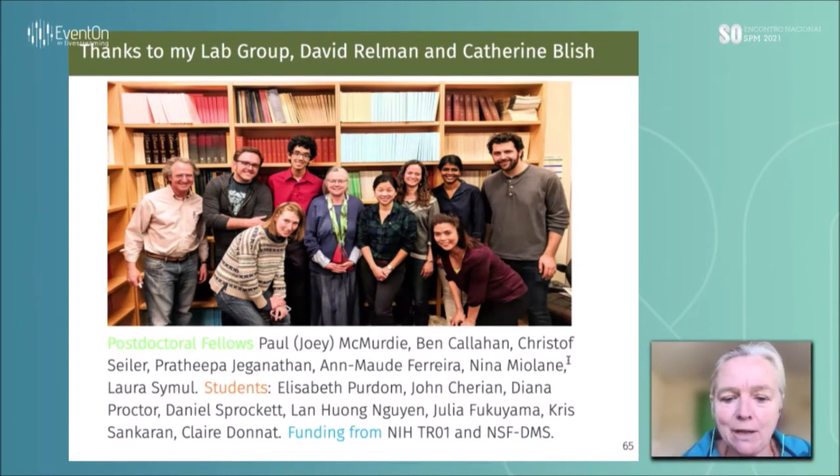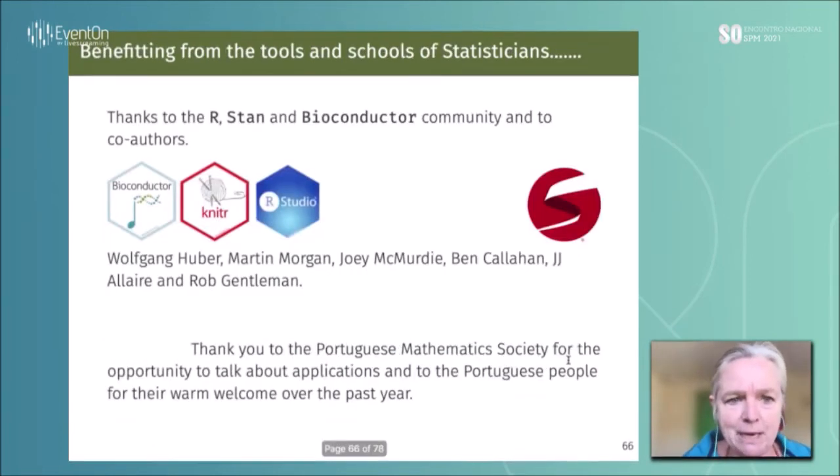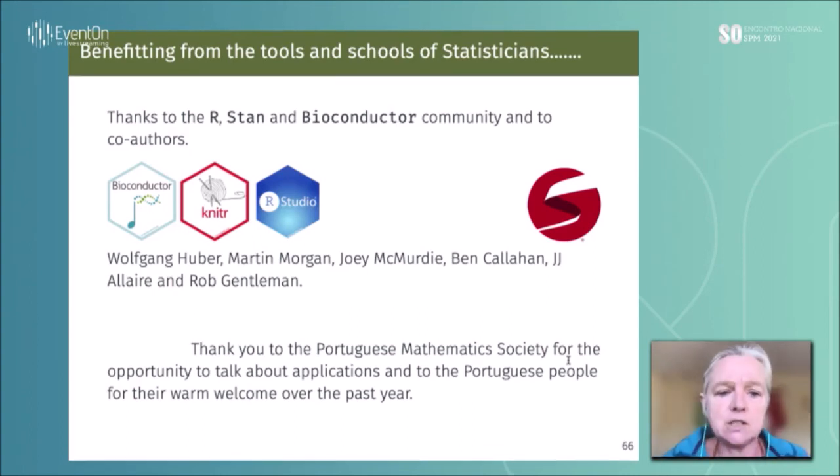Many of the biologists are very patient with me because usually in biology, you have a question, you're supposed to answer it within a week or so, and sometimes it takes me years to answer the questions. And so they're very patient. I've benefited from tools because all the computational work, which I haven't shown you, rests on the use of reproducible research, and in particular for the Bayesian work, it's Stan, the rest is R, and then the Bioconductor community.